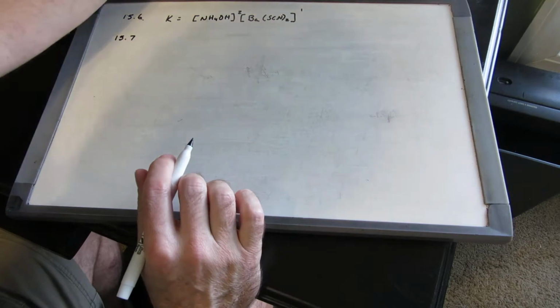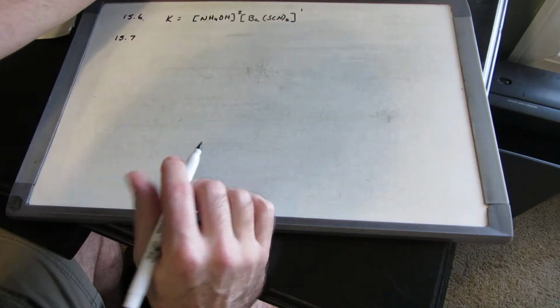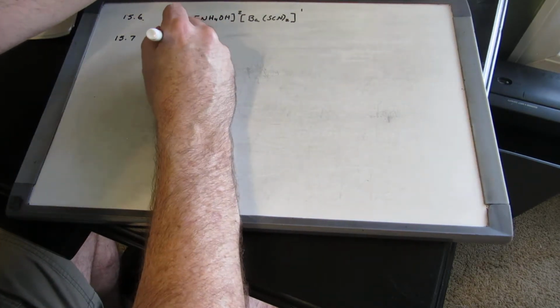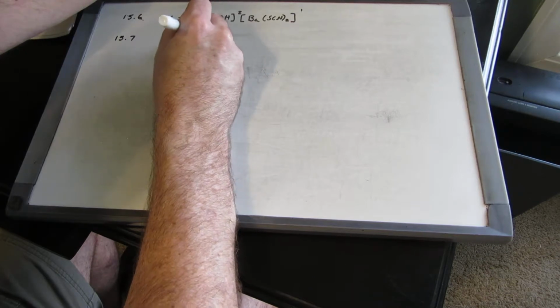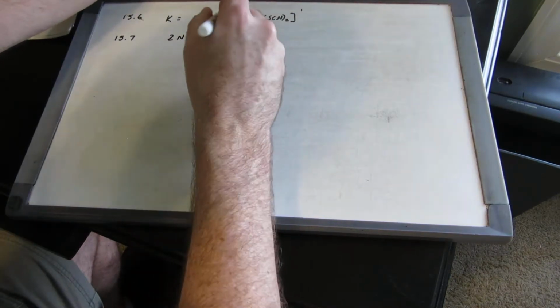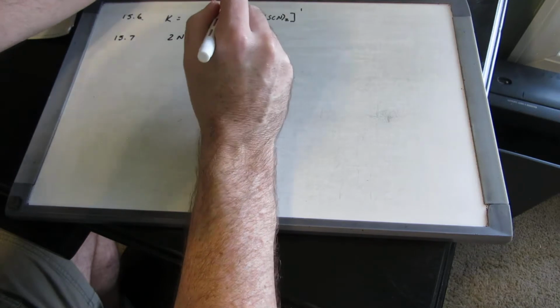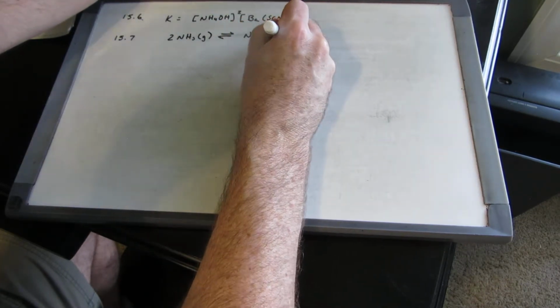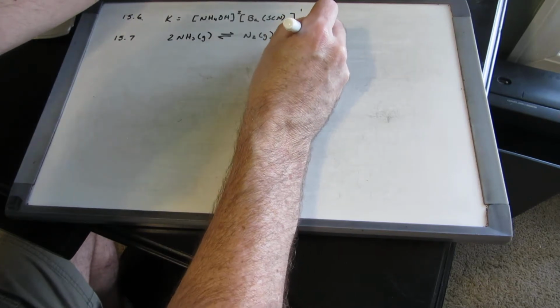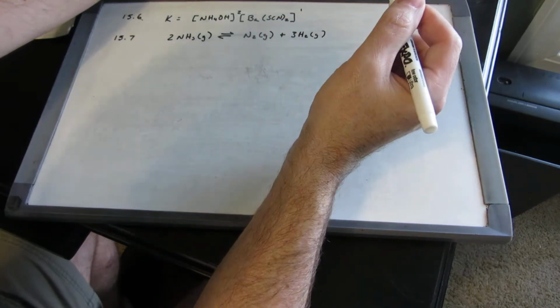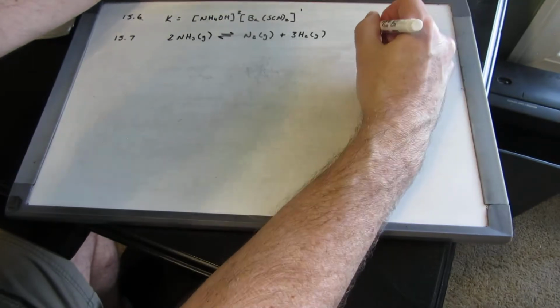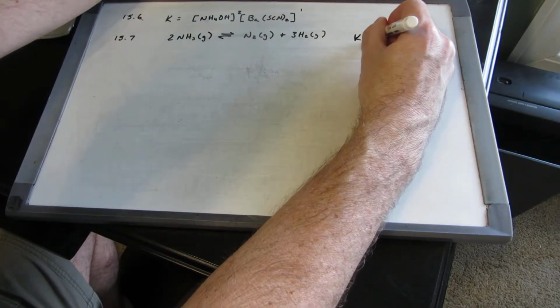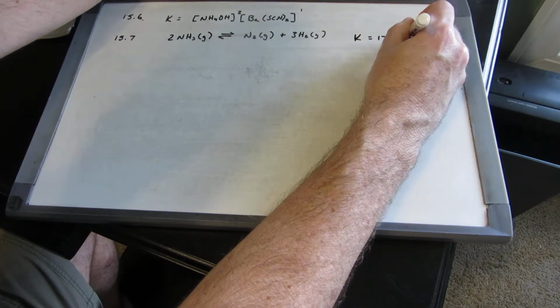So 15.7 is at the bottom of page 303, and we have 2 NH3 gas that yields N2 gas plus 3 H2 gas. Now the problem says that the equilibrium constant, so big K, is equal to 17 molar squared.